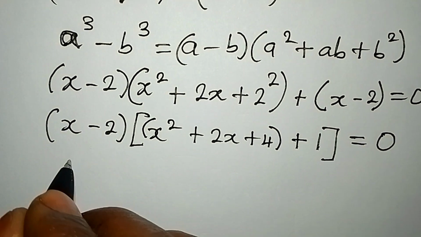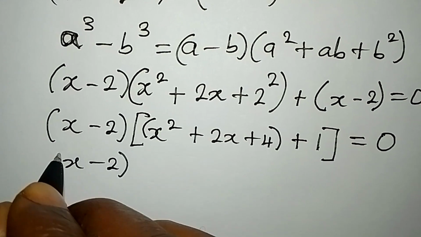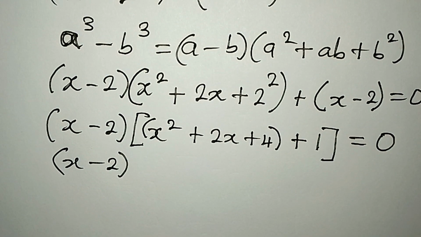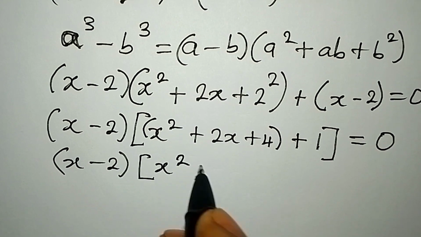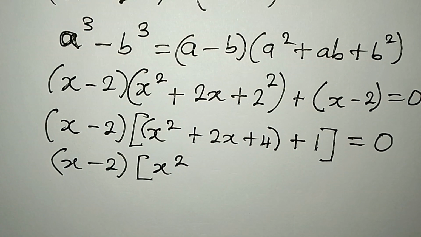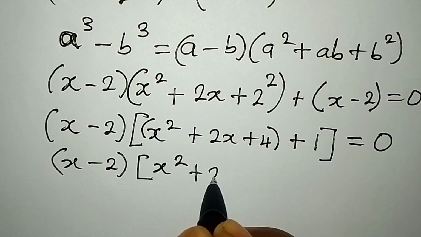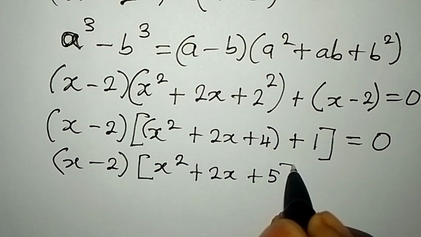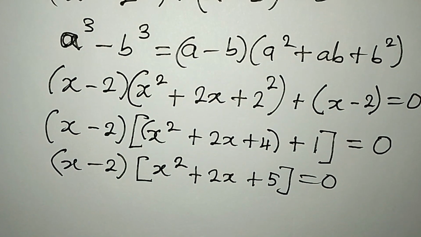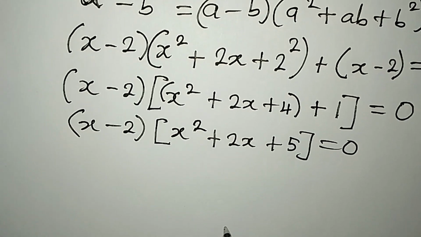Now let's continue so that x minus 2 is still there as the common factor. Then from here we have x squared plus 2x plus 4 plus 1, which will give 5, and this is equal to 0. What do I do from here?